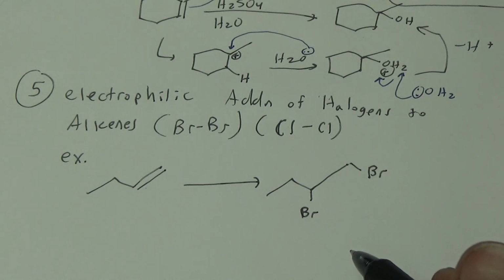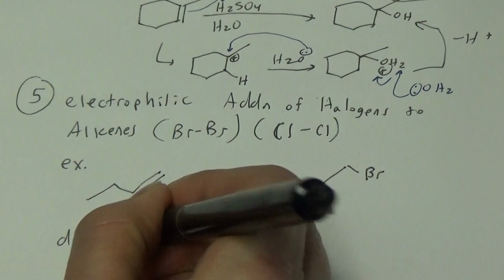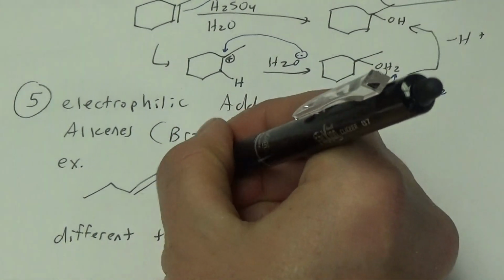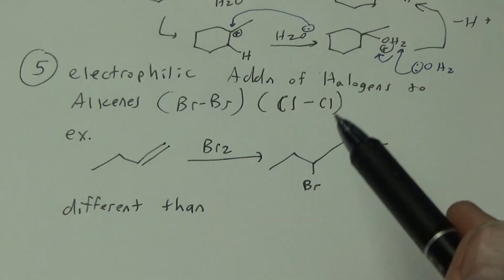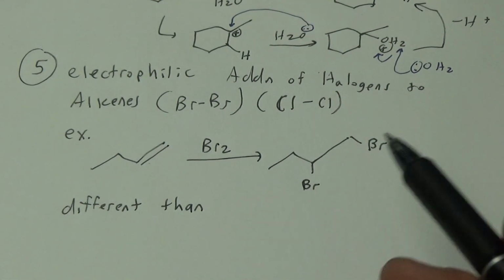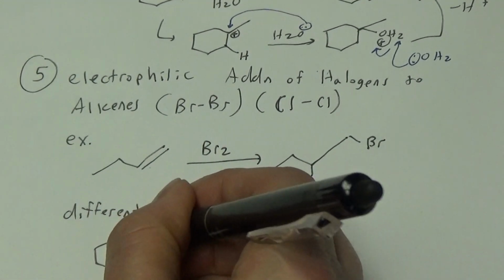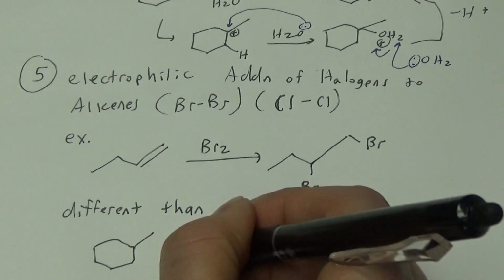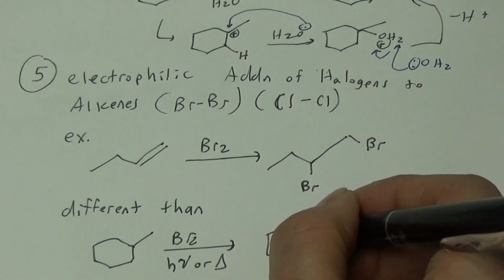And this is, of course, different from the other reaction you learned of Br2. What's the other reaction you learned of with Br2? Think way back. Like if we had an alkane and we did Br2 in light or heat, and then we got radical bromination, right?